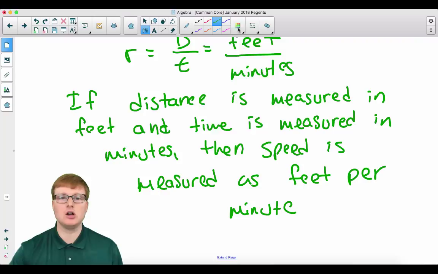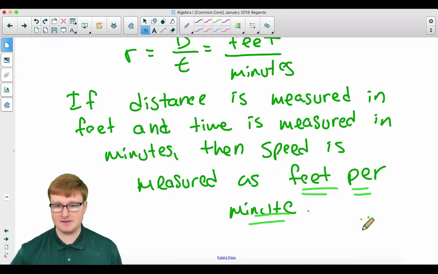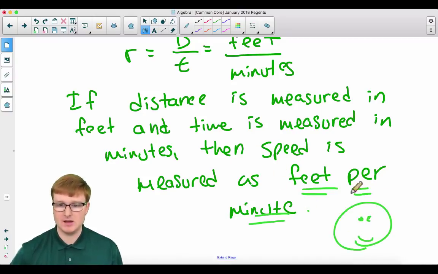And we are done, folks. Feet per minute. Done. Happy. And that's how you do that question. That's an ugly smiley face.